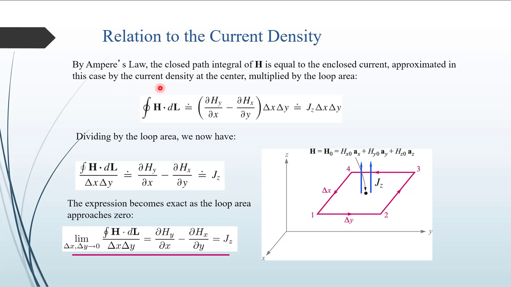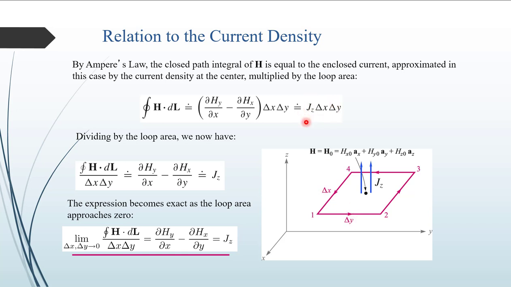So by Ampere's law, the closed path integral of H is equal to enclosed current, approximated in this case by current density at the center multiplied by loop area. So instead of writing I in this case, we will write in terms of current density. The current density for this area is the J component, and that current density is going in upward direction, so it is Jz into the area of this loop, delta x into delta y.